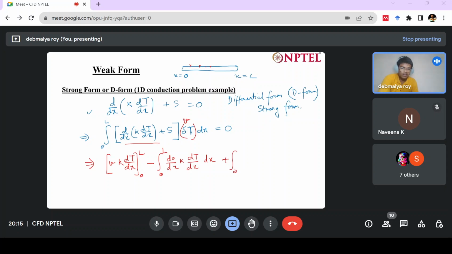Let's write it as a separate integral from 0 to L of s.